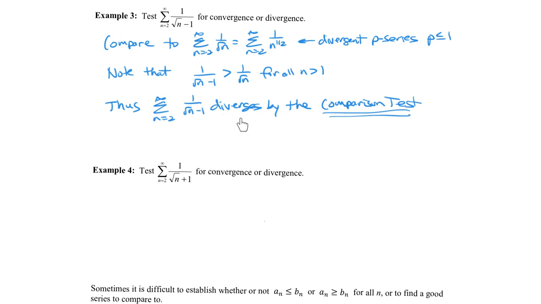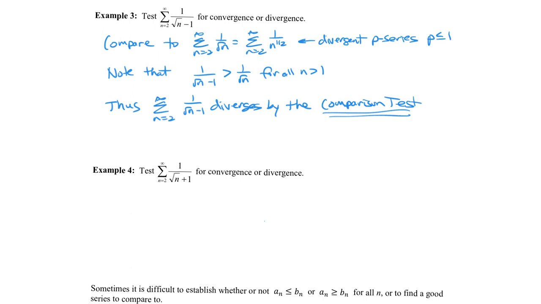You always want the conclusion. And since I'm using the comparison test, I tell the series I'm comparing it to, I tell that I know this series diverges, and then here's my argument. So we need these three pieces: the name of the test we're using, our conclusion, and the argument we're using, which is right here. And in the case of a comparison test, we need to mention the series we're comparing it to.